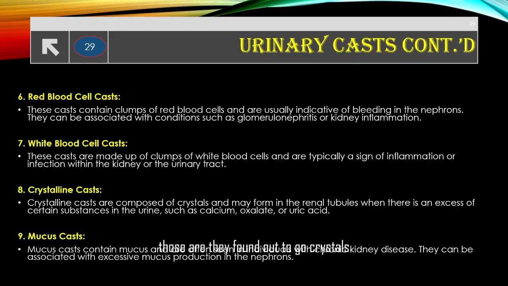Different types of stones are found as crystals, because they are a constellation of crystals, like electrolytes, for lack of a better term. They collect together and form a solid thing which you call a stone. A stone in the urinary tract is called nephrolithiasis. You need to remember that.